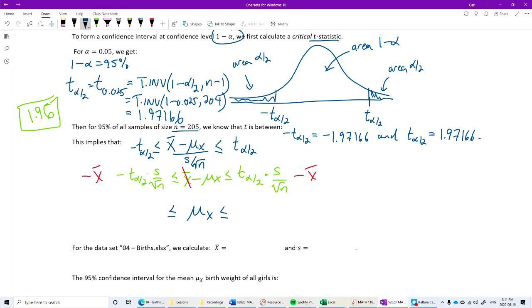This will become x bar plus t alpha over 2 s over square root of n. This is x bar minus the same quantity. And just like with p hat, we call this the margin of error. This is the margin of error.